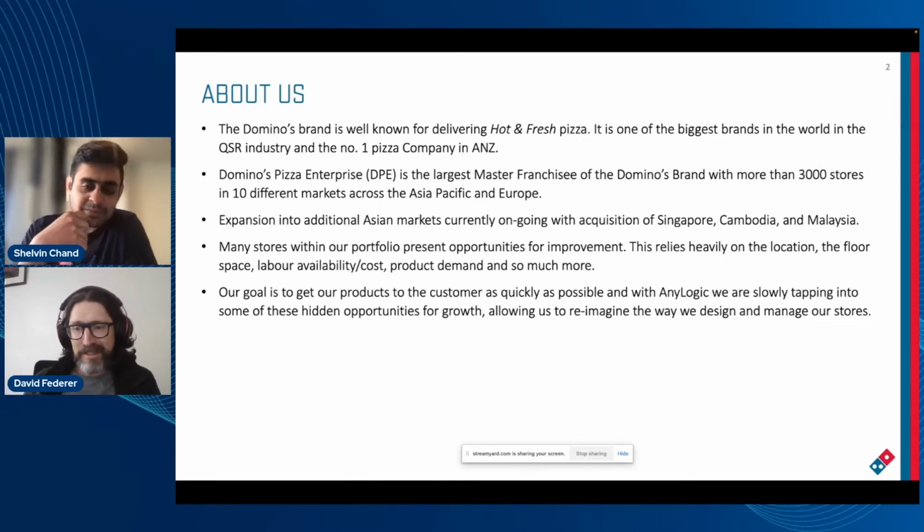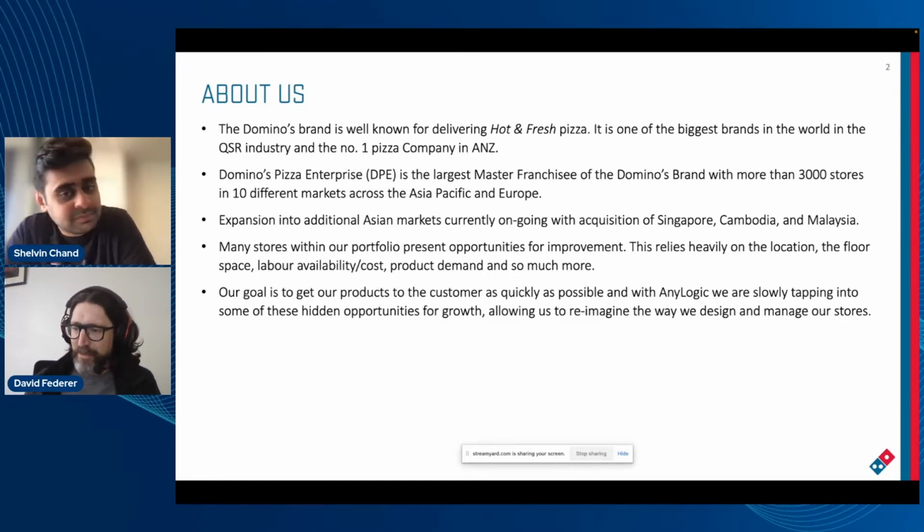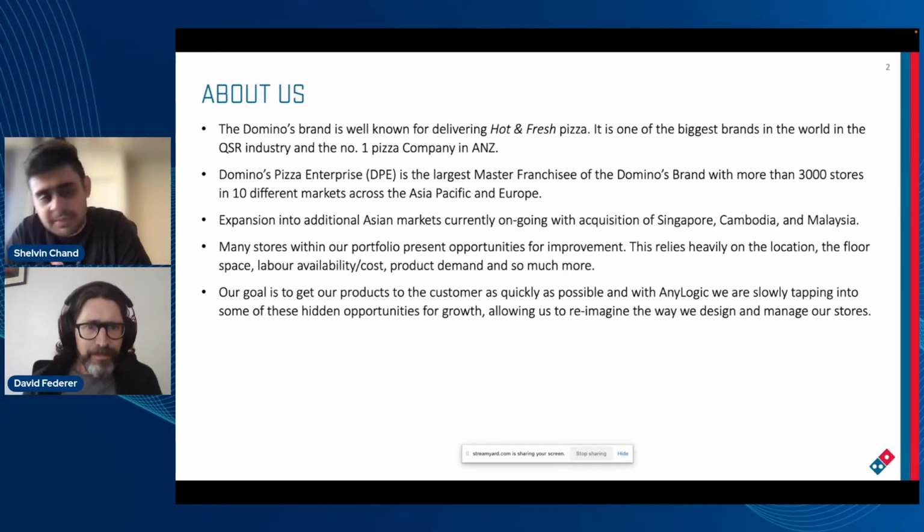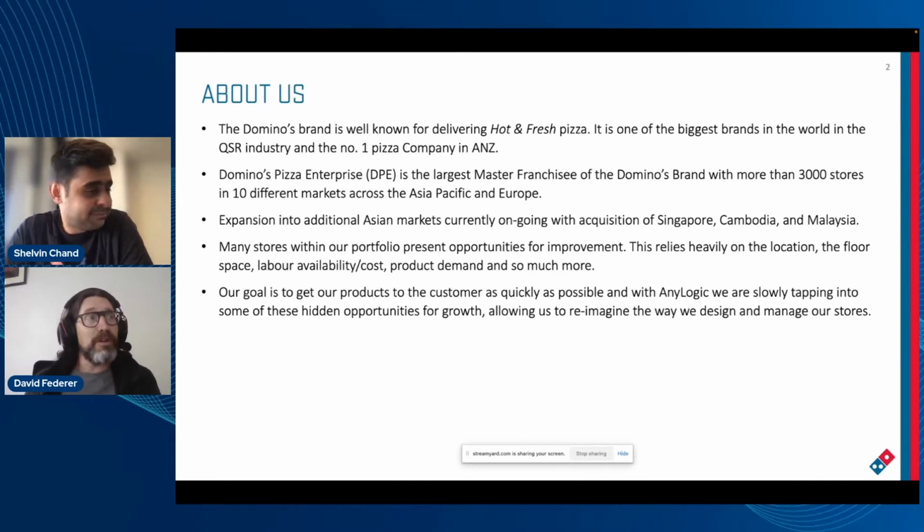And if you don't want your pizza delivered, you can also pick it up from one of our 3,000 stores across 10 markets in Europe, but also in the Asia Pacific. Recently, Domino's acquired a couple of additional markets in the Asia Pacific region, including Singapore, Cambodia, and Malaysia.